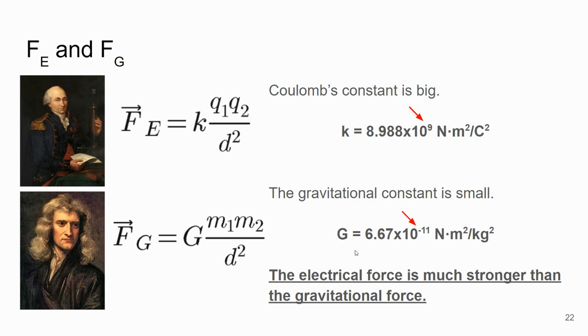So the gravitational constant is a very small number, 1/100th of a billionth, versus Coulomb's constant, which is a huge number, basically 9 billion newtons meter squared per coulomb squared. So this is why the electrical force is much stronger than the gravitational force when you're thinking of your four fundamental forces. The constant that relates to these things is much bigger in the case of the electric force.